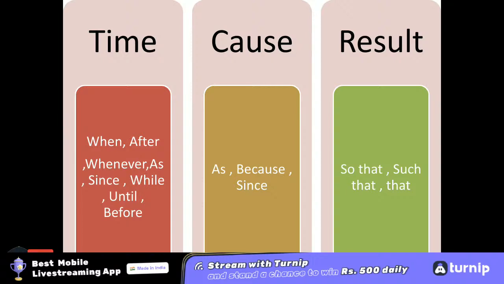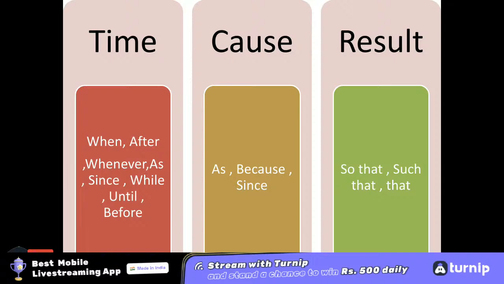See which conjunctions are used in case of time, cause और रिजल्ट आर स्पेसिफिकली गिवन. टाइम के केस में कौन से कंजंक्शन यूज होते हैं, कॉज के केस में कौन से कंजंक्शन यूज होते हैं, एंड रिजल्ट के केस में कौन से कंजंक्शन यूज होते हैं. बेसिकली द वर्ड्स विच आर यूज्ड इन केस ऑफ टाइम आर when, after, whenever, as, since, while, until, before.